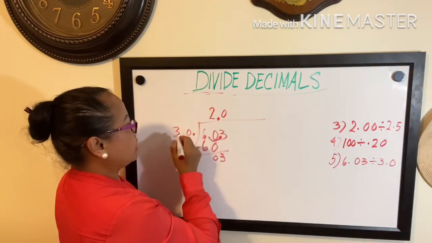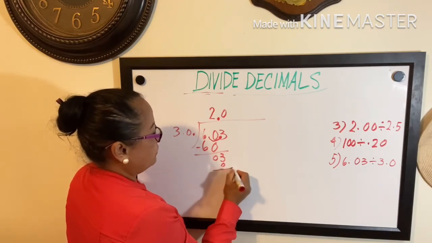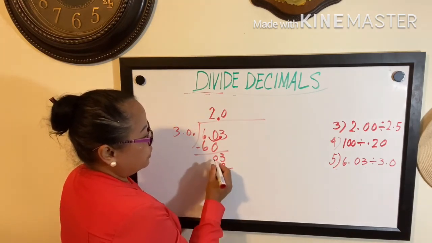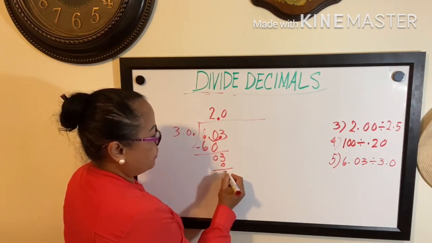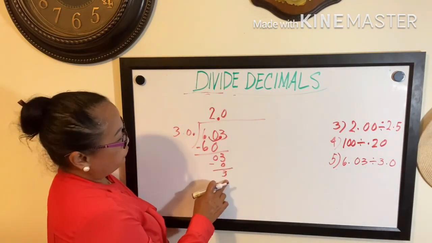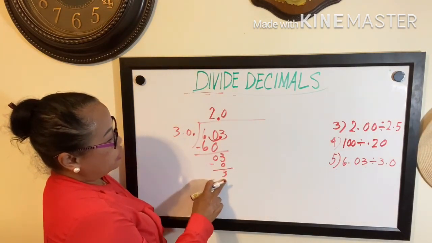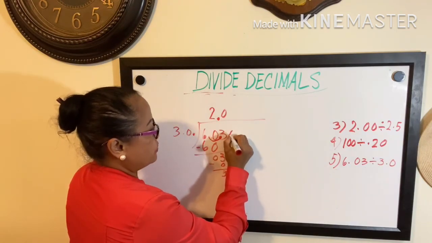And then 0 times 30 is 0. So now 3 minus 0 is 3. So now, how many 30s go into 3? There's none. So we have to add 0.